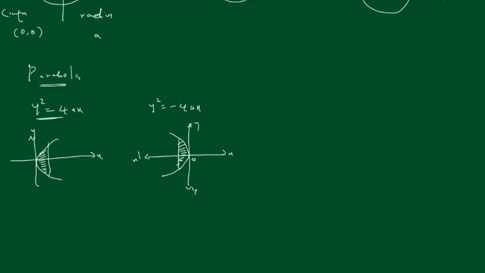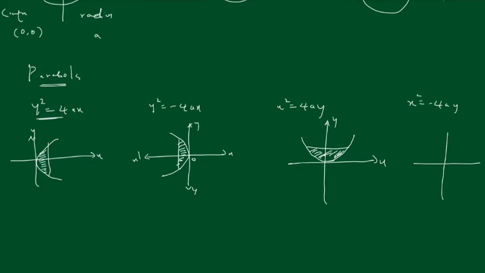When x square equals 4ay, in this case we have the graph like this, with the length of latus rectum. Already you are familiar with this also. And next one more, finally x square equals minus 4ay. It's below the x-axis, right? The curve is like this.